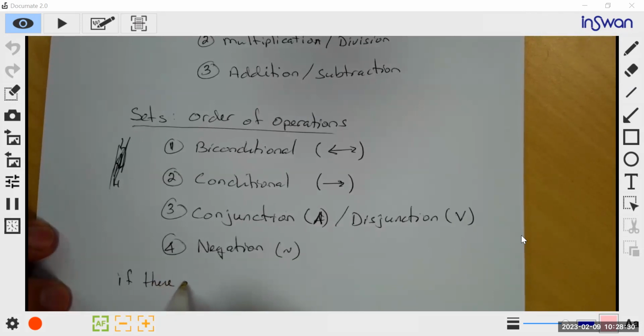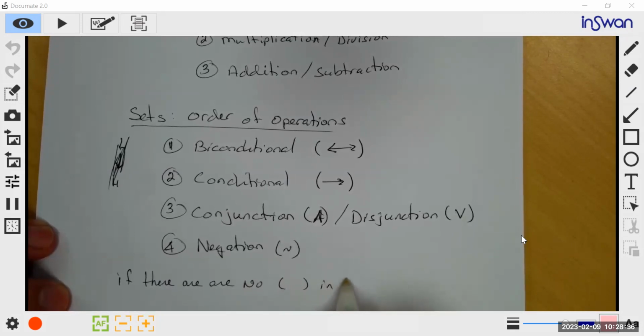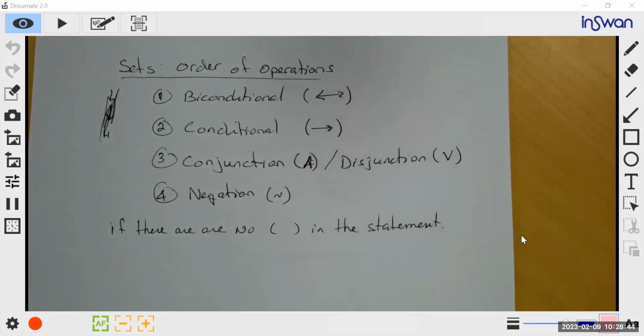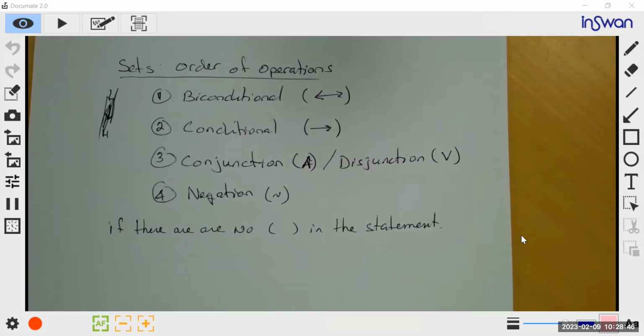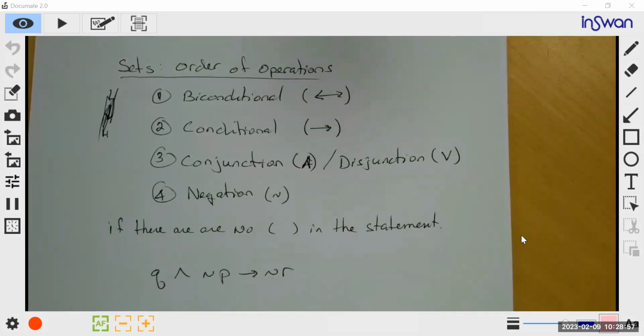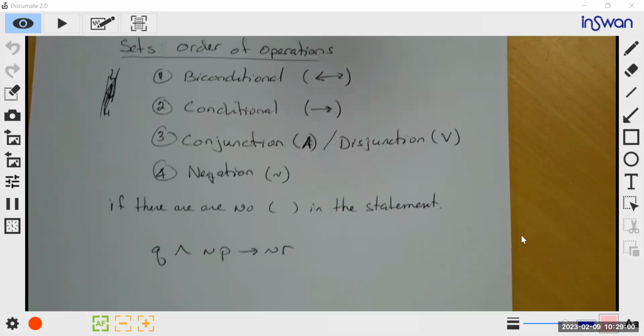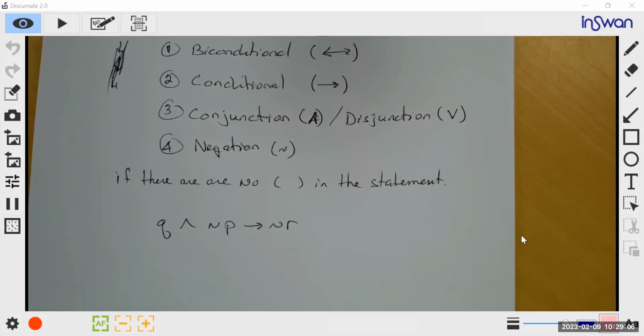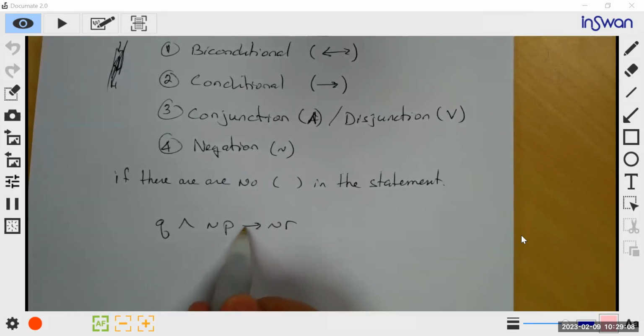If there are no parentheses in the statement, so if I gave you this, what would you have to do first?